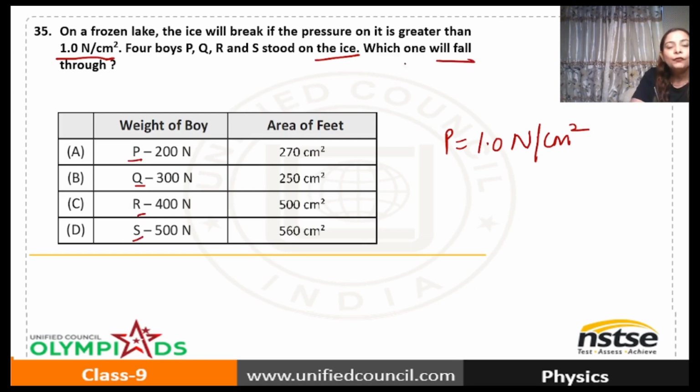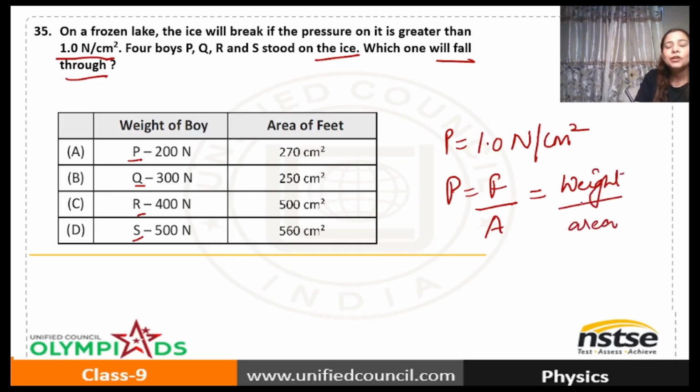So which one will fall through it? We know that pressure is basically force per unit area. Force can be replaced by weight, because weight is also a force with which the earth attracts objects. So we can find the pressure for all the cases.